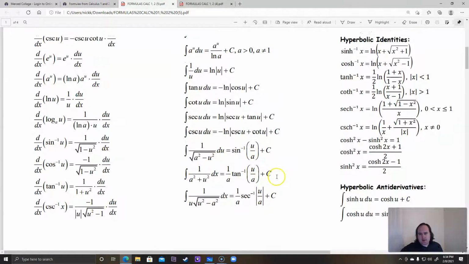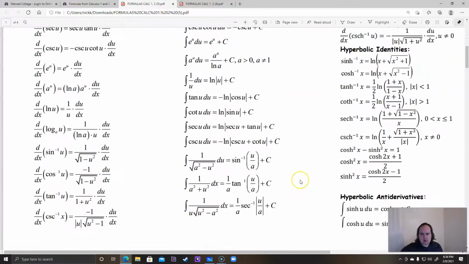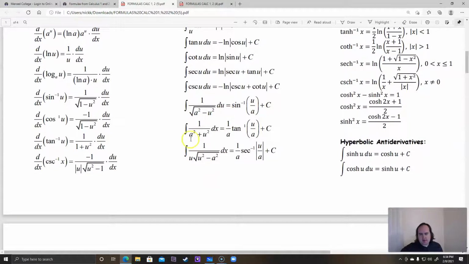So for your antiderivatives, aka integrals, only 3 of them show up on your formula sheet instead of 6, which makes sense because these formulas are almost identical except for a minus. So there's only the need for the 3 different ones when you're doing integrals.